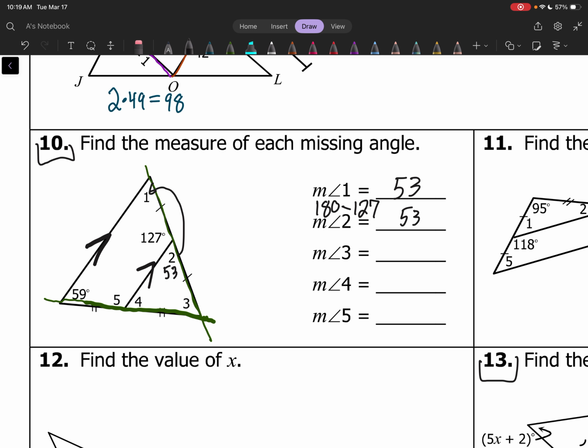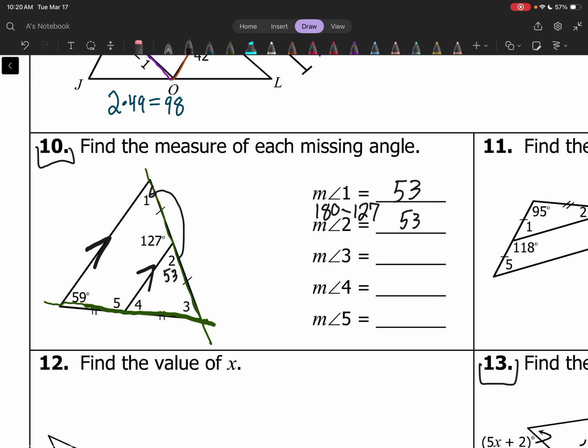All right, now let's look at the 59 and angle 4. 59 and angle 4 are congruent. I'm trying to pick different colors.